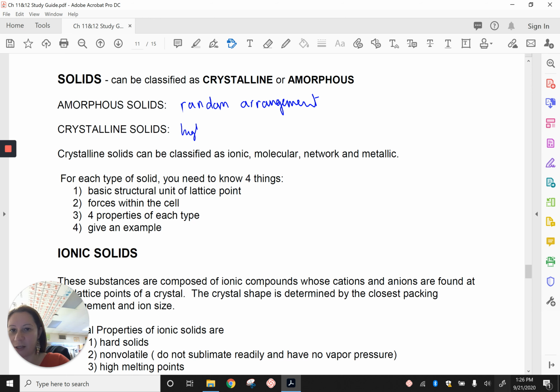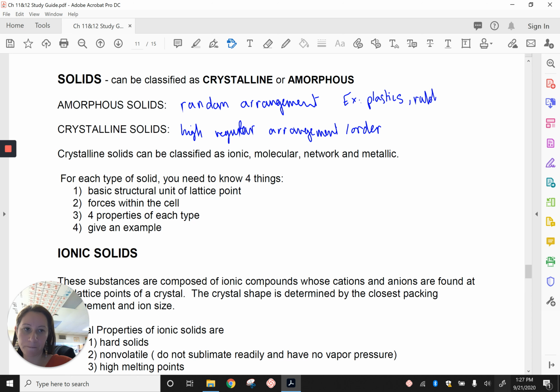So you have these ordered repeating patterns that you find. Examples of an amorphous solid would be plastics, rubber, and so on. Most other solids are crystalline.